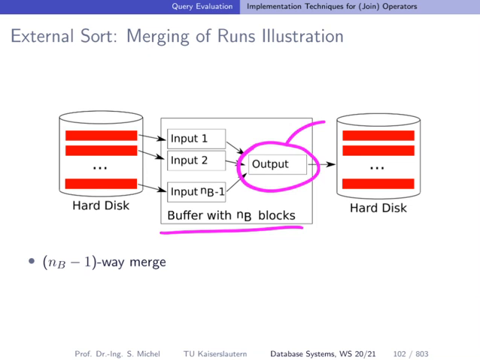If we have many runs, and we can merge only NB minus 1 of them, then in the end we have a set of files which corresponds to our new runs. Only in the last step do we have only one of these files after the merge, and then we are done. So remember, it's an NB minus 1 merge because of the buffer we have available.